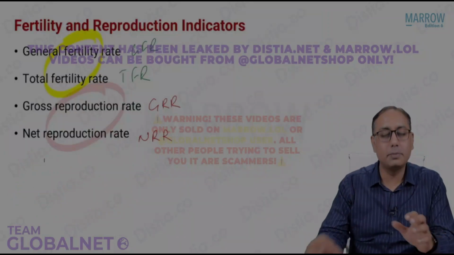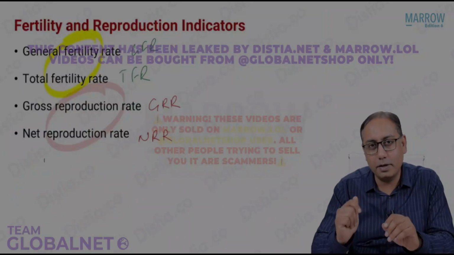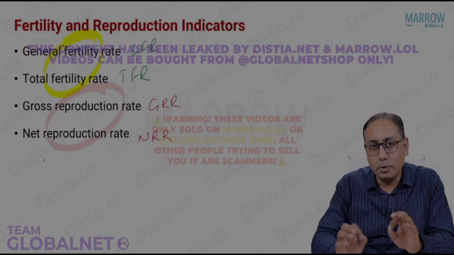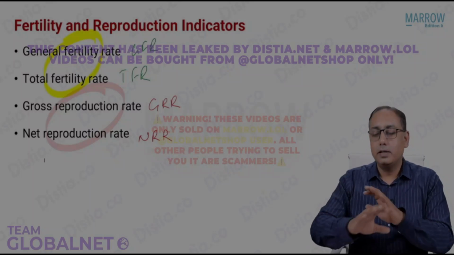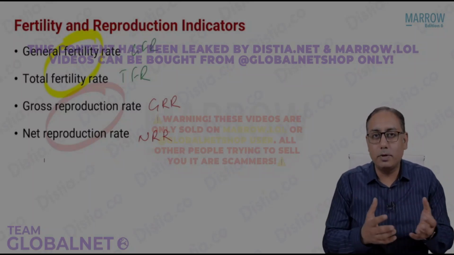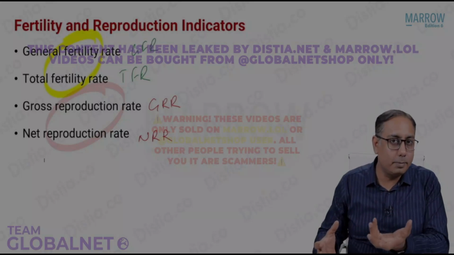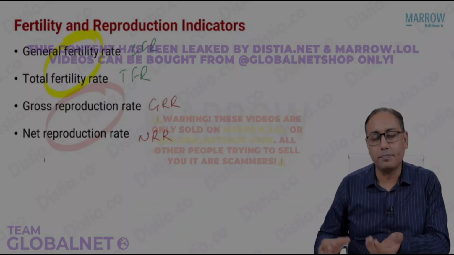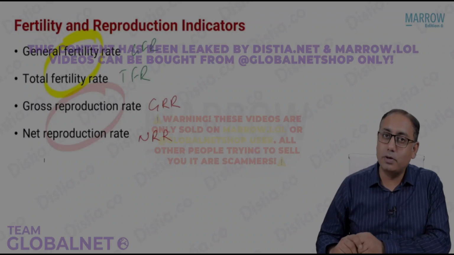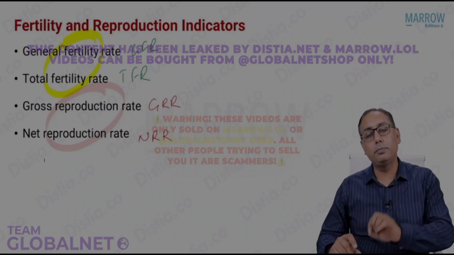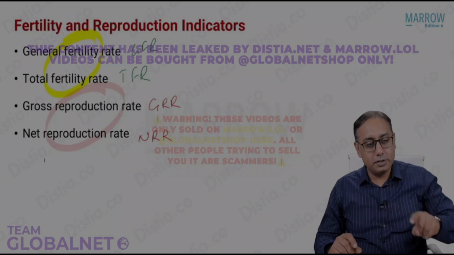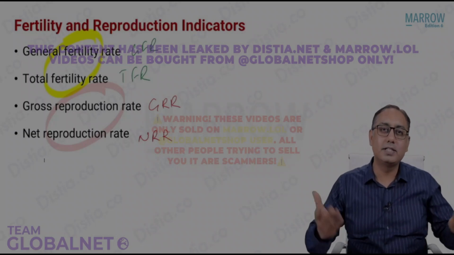So beta, now just a very quick rapid review. If the question says the total number of children a female will bear during her reproductive years, the answer is simple, GFR. If the question says the total number of daughters which a newborn girl child is going to bear during her entire life, assuming fertility and deaths, the answer is NRR.